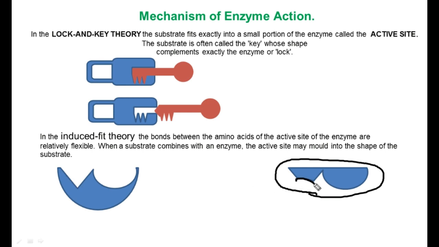This one is not the same as this one. And by the way, this substrate needs to bind here, to bind completely so that they can make a reaction. So this is not possible in the case of the lock and key theorem.